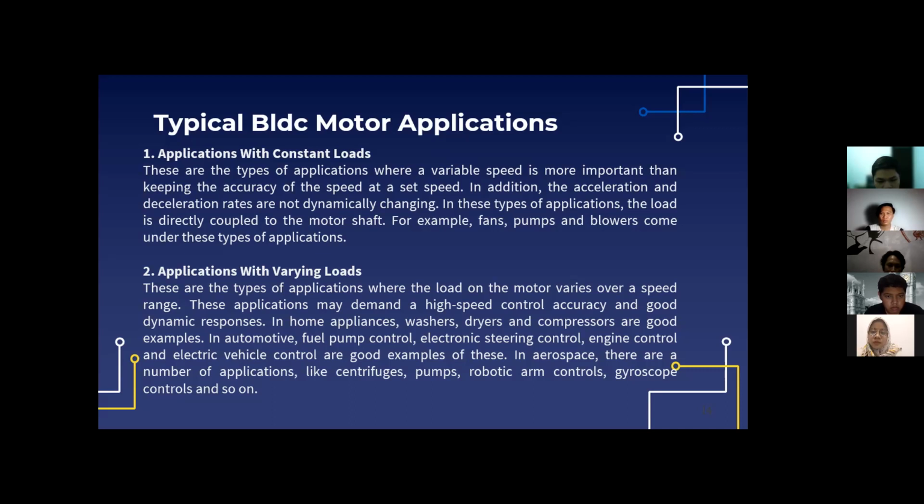In automotive, fuel pump control, electronic steering control, engine control, and electric vehicle control are good examples. In aerospace, there are a number of applications like centrifuges, pumps, robotic arm control, gyroscope control, and so on.